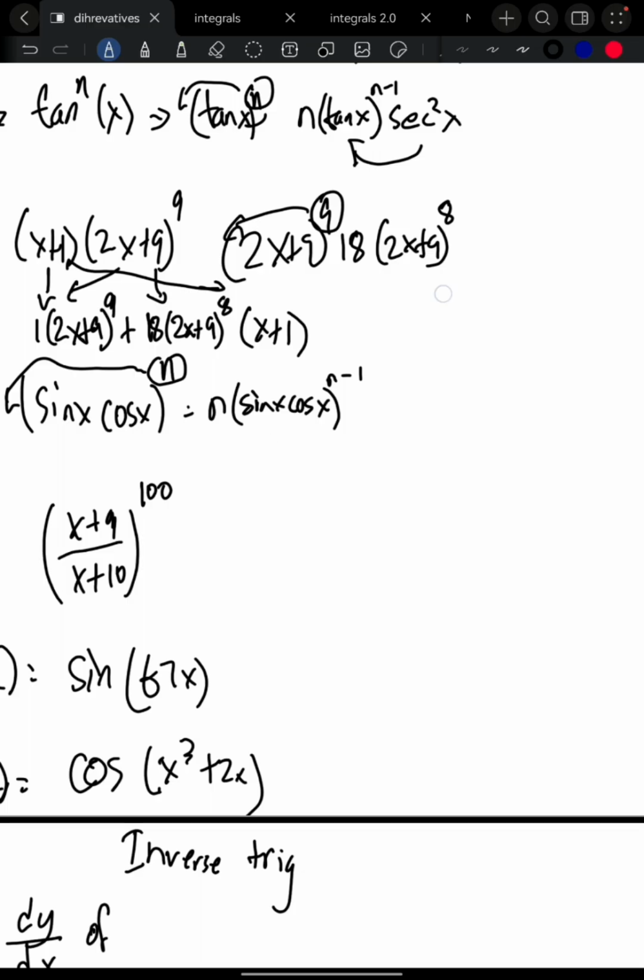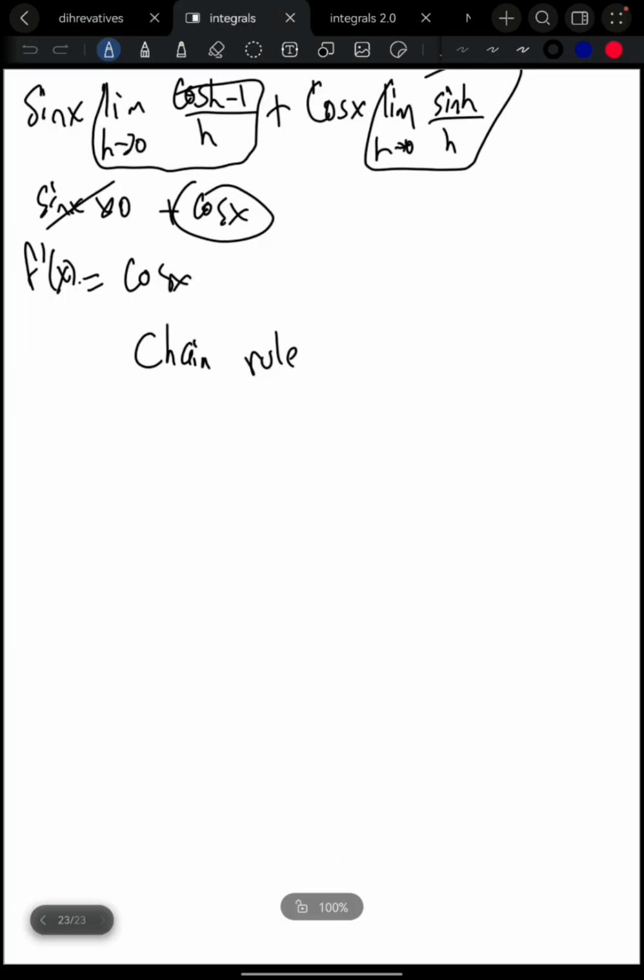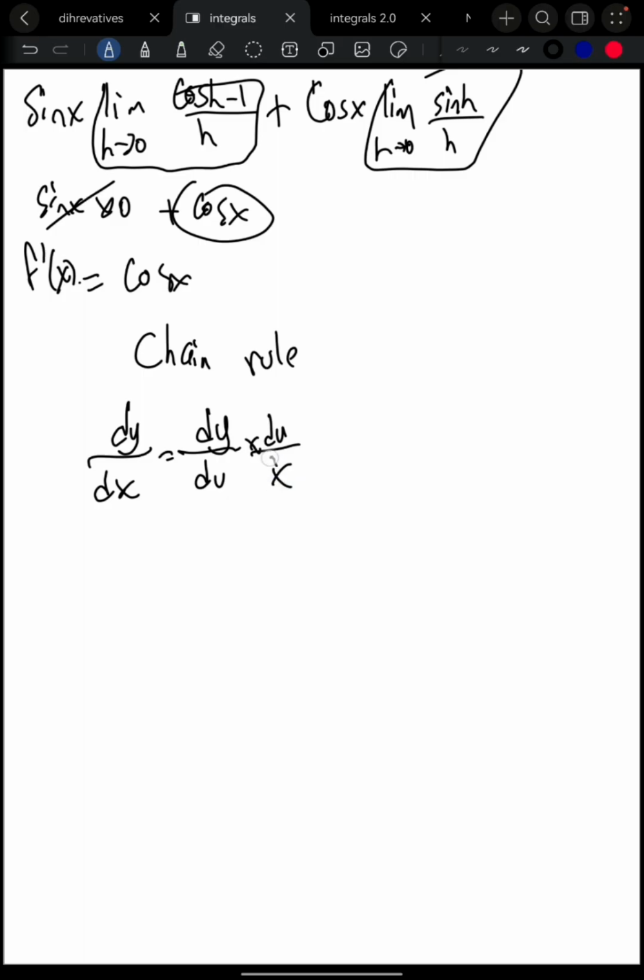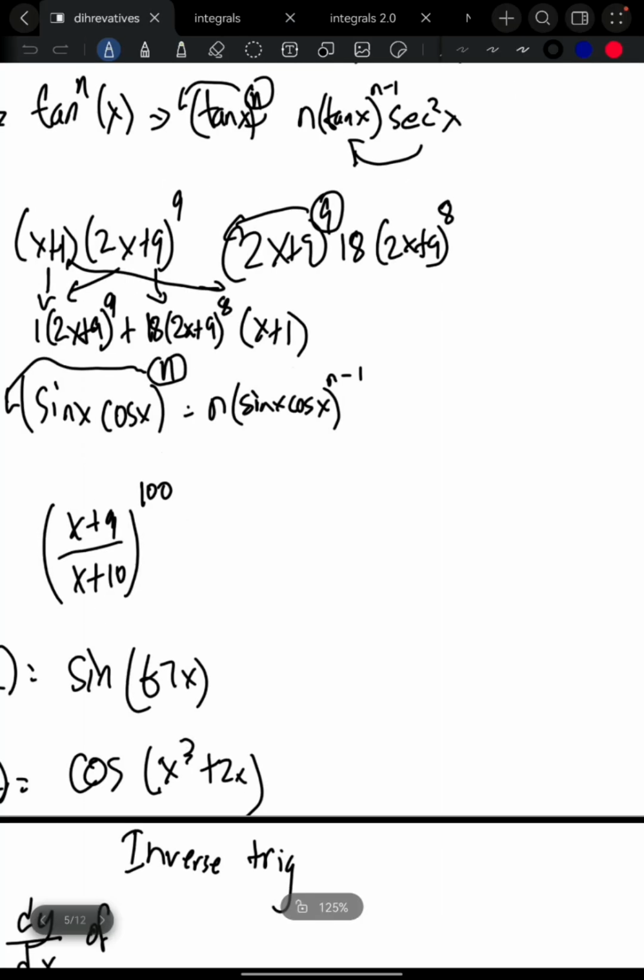Wait, yeah, I should give a formal one, right? The chain rule is just saying dy by dx is the same as dy by du times du by dx. You can't cancel these. Wait, man, I'm not formal. This is like bro science, I guess. Anyways, times the derivative of sin x cosine x.